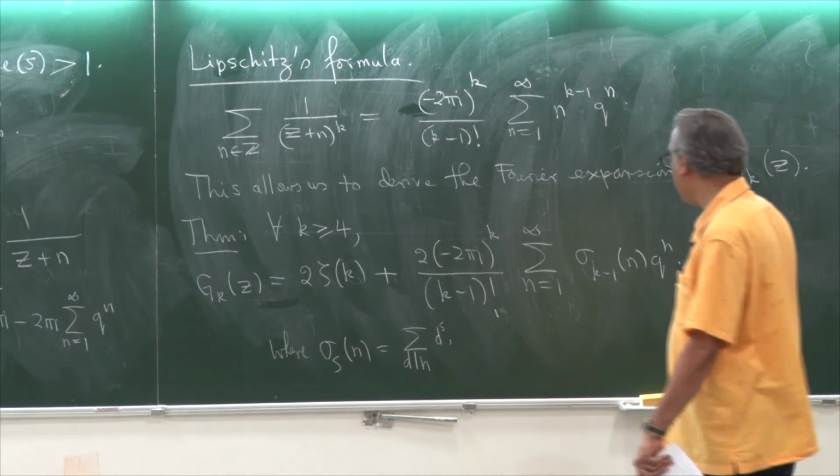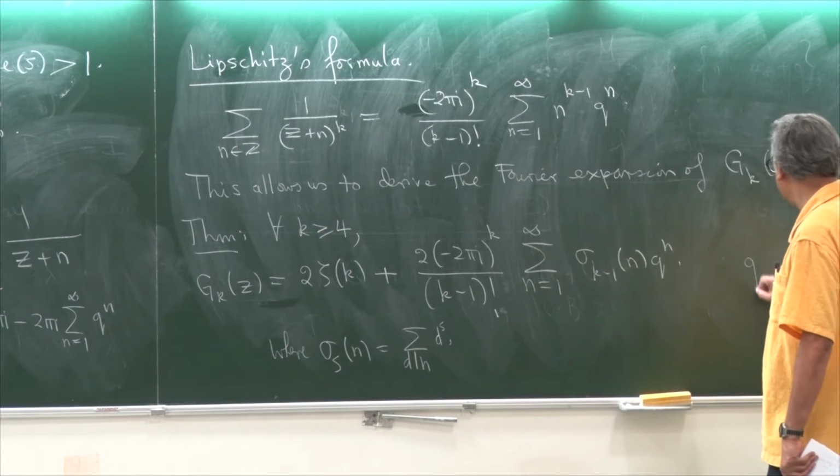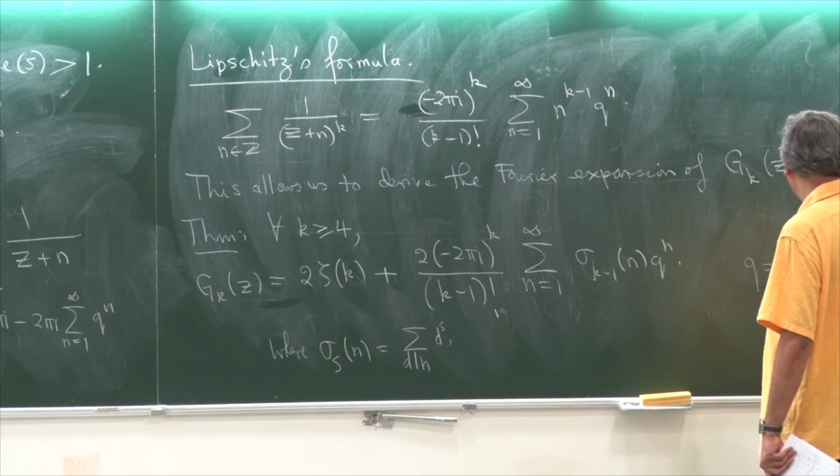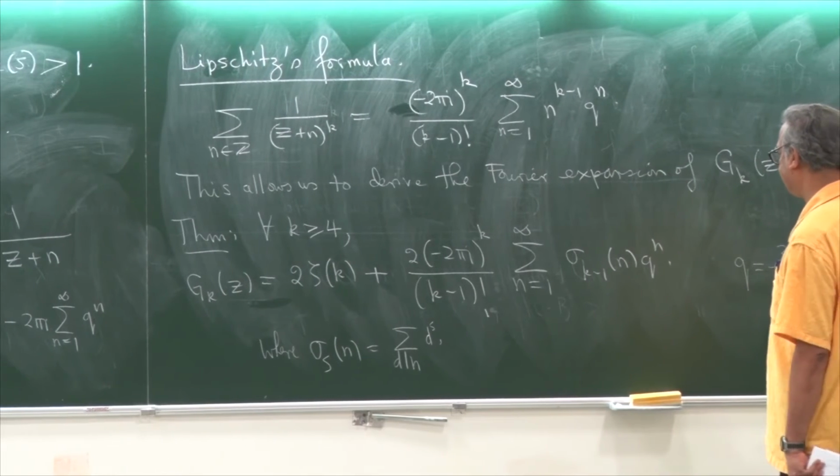So this is the q expansion. q, as always, is e to the 2 pi i z. So this is the Fourier expansion of the Eisenstein series.